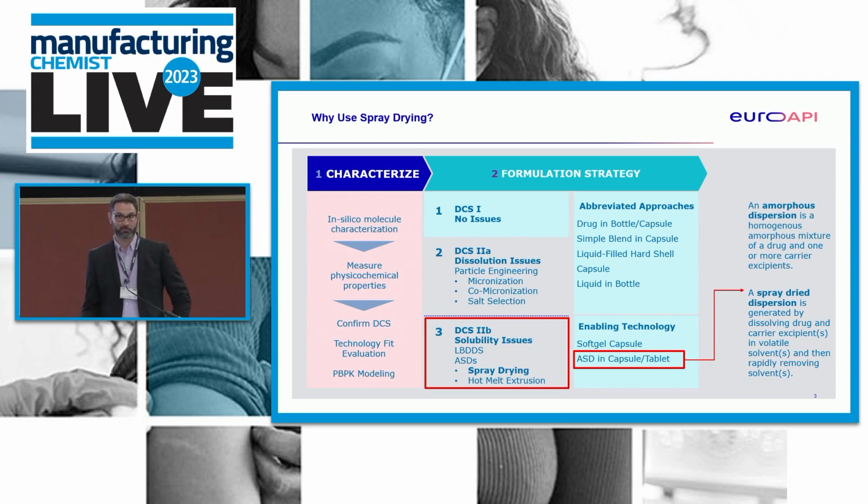There are several others, depending on what the solubility challenges are, but we'll focus in this case on the amorphous dispersion approach. Use of polymers to stabilize the drug in an amorphous state. There are many different polymers you can use, depending on the drug, different solvent systems. We're generally talking about organic solvent drying as well, which adds another level of jeopardy, should we say, to the enterprise.